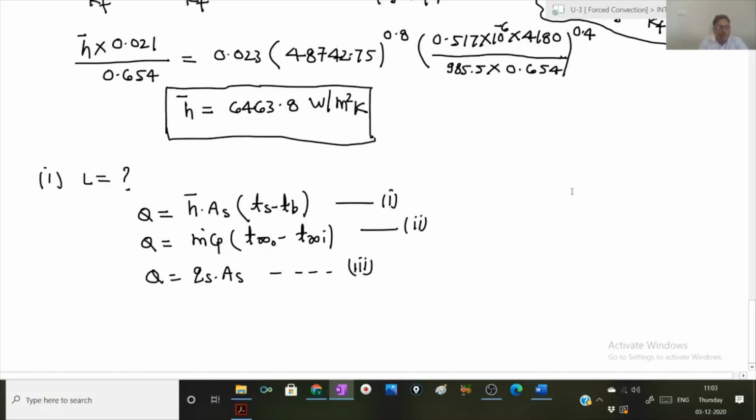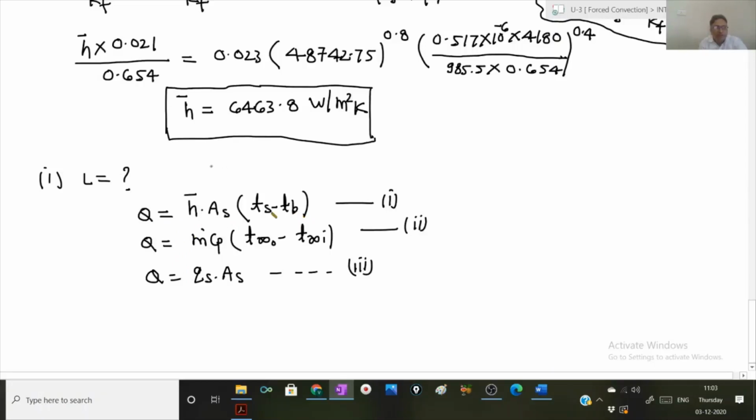So I am supposed to calculate the L, and the length of the tube appears in the formula of surface area, which will be pi dL in this case. So in order to calculate the surface area, I must know the value of Q, H bar, Ts and Tb.